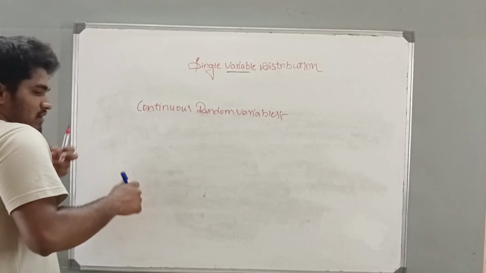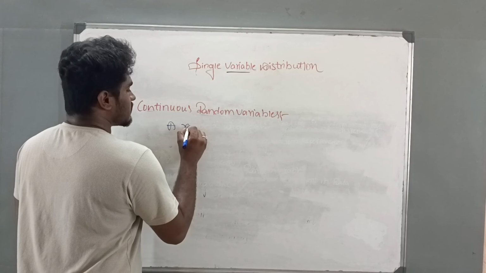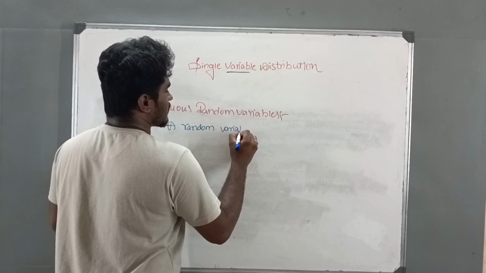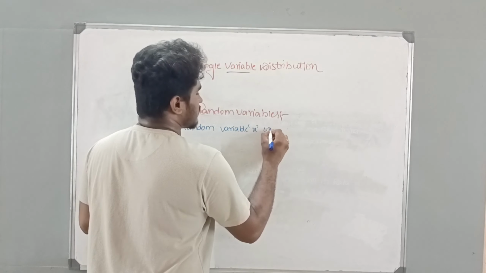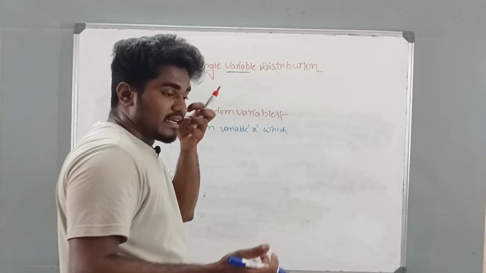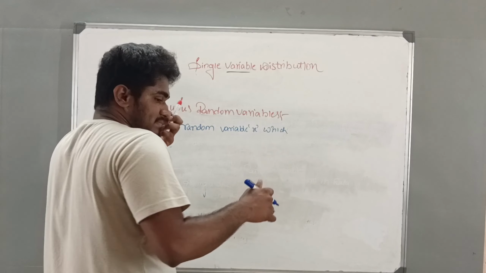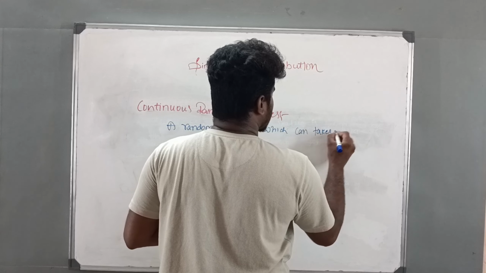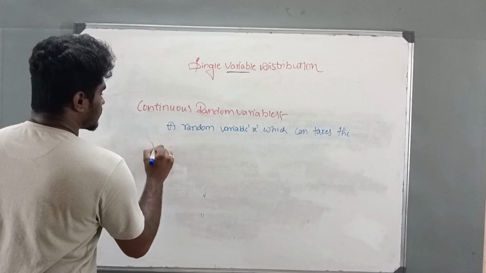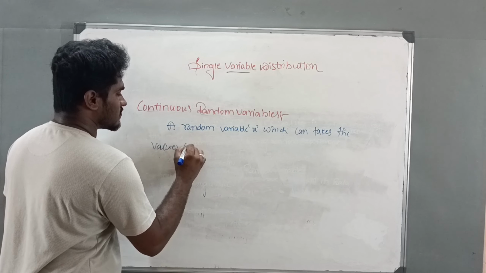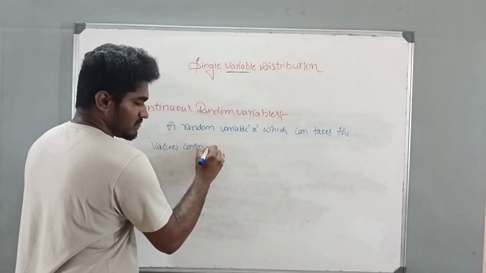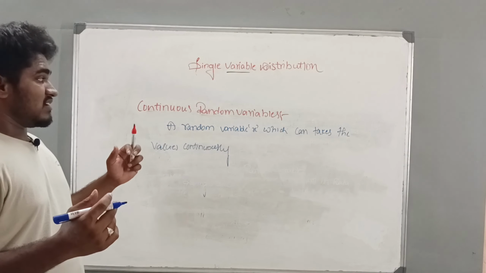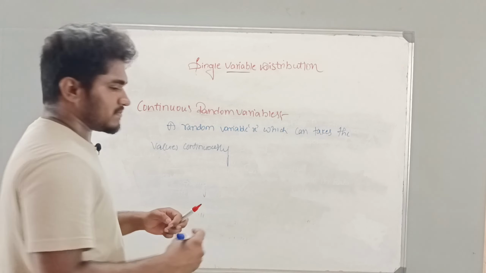Variables which can take values continuously are termed continuous random variables.